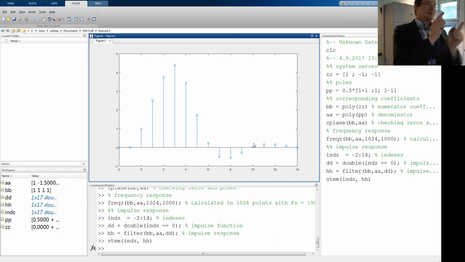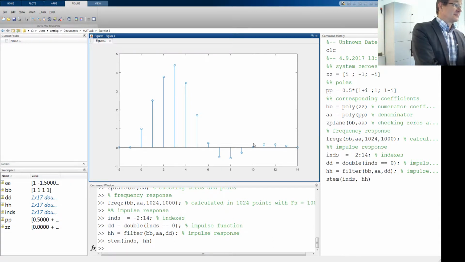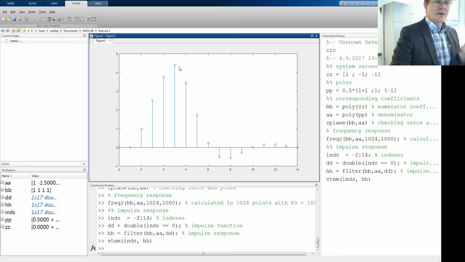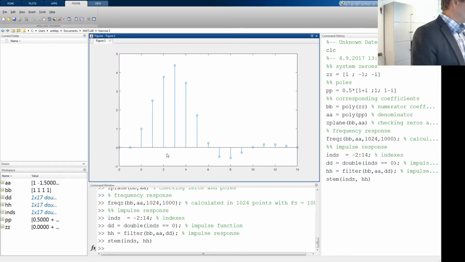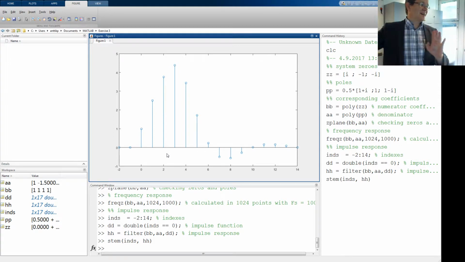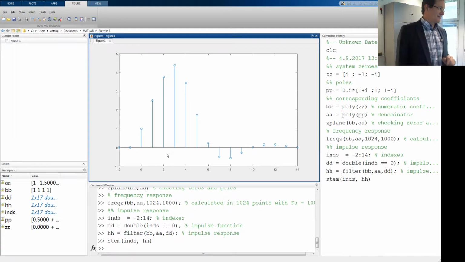So now this is a third order system, which means that after this third point, it should go to 0. But now it doesn't go to 0 here, so it's an infinite impulse response system. It just goes so small in the end that it's hard to see, but it oscillates forever, at a really small amplitude, with the calculation accuracy.